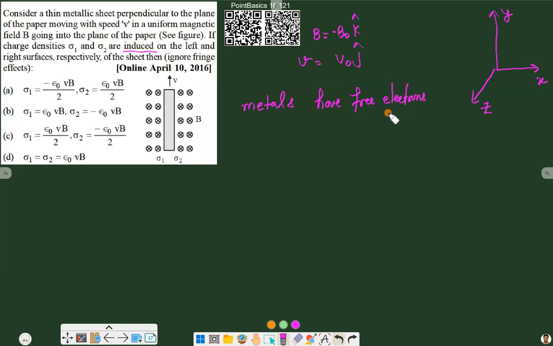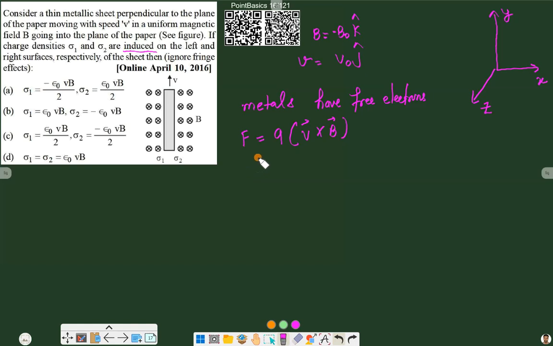When these free electrons move through a magnetic field, they will have a force acting on them, because we know that the force on a charged particle in a magnetic field is given by q v cross B, where q is the charge, v is the velocity of the charged particle, and B is the magnetic field. Here, as the sheet is moving upward, those charges are also moving upward, so they have the same velocity as the sheet.